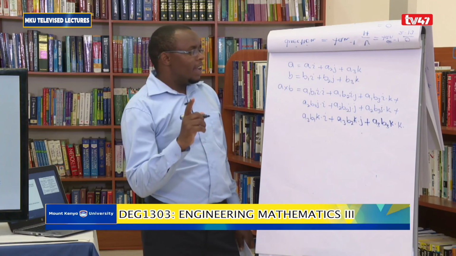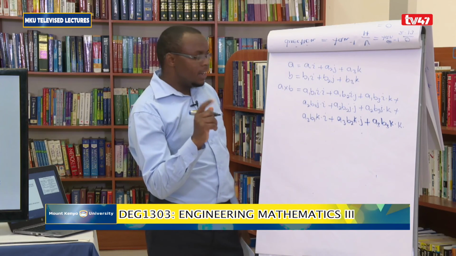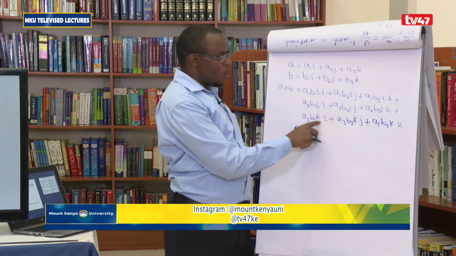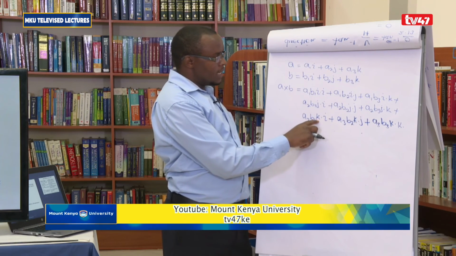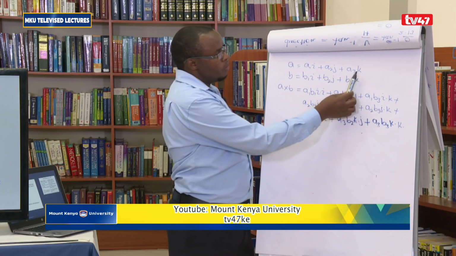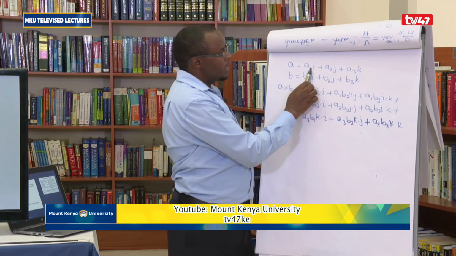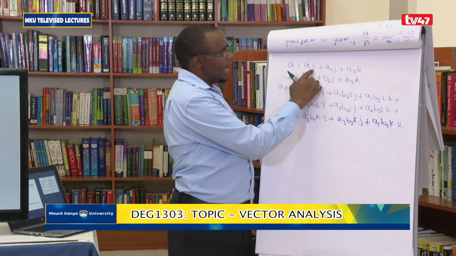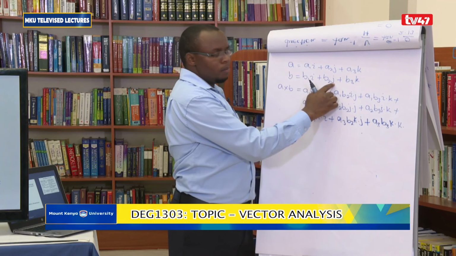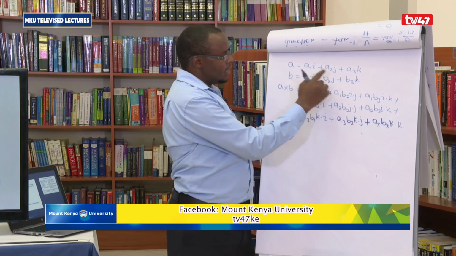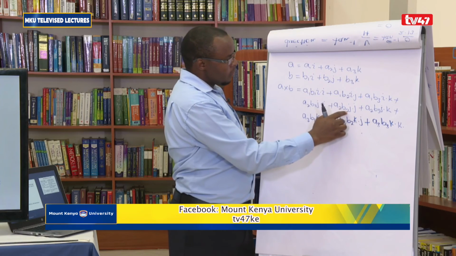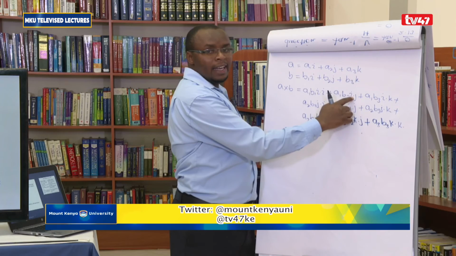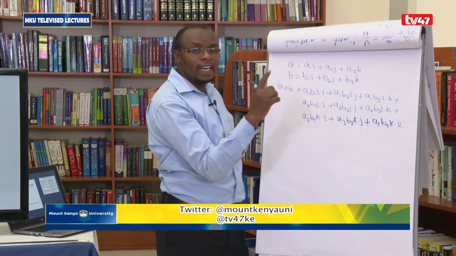Remember, you should be very careful not to interchange when you are multiplying these components. For instance, when I'm multiplying A1 i times B2 j, if I interchange and instead of i with j I have j with i, that is going to change the direction.